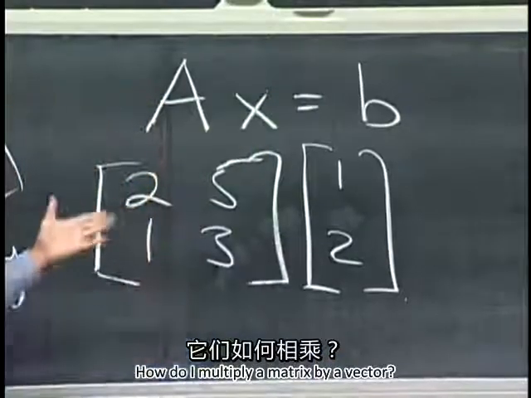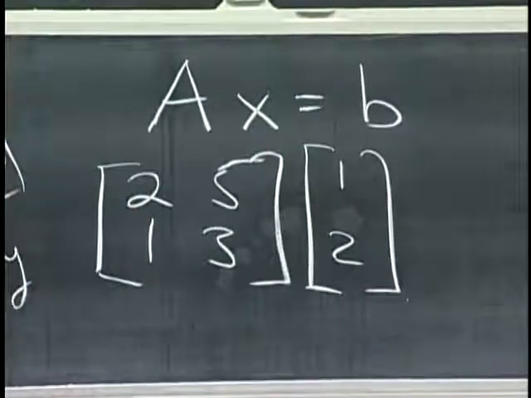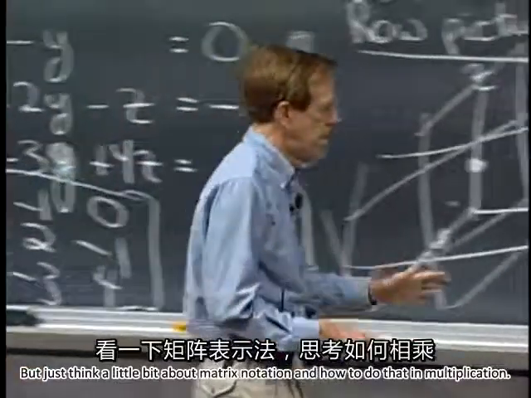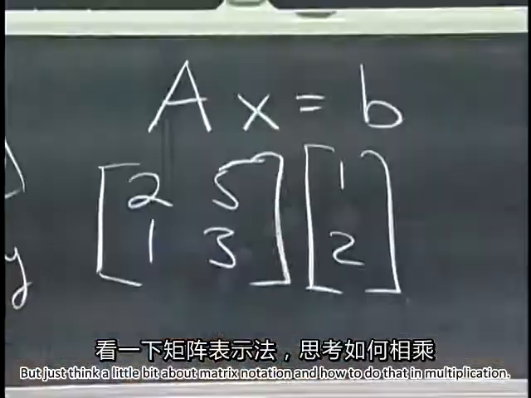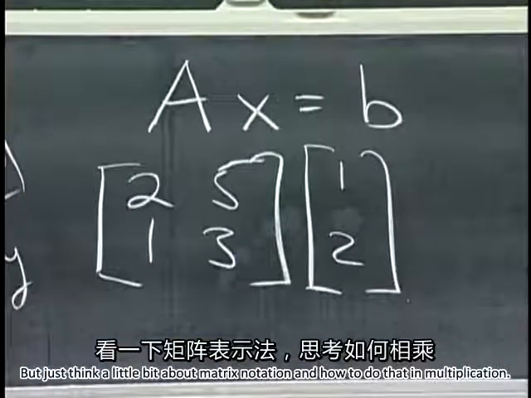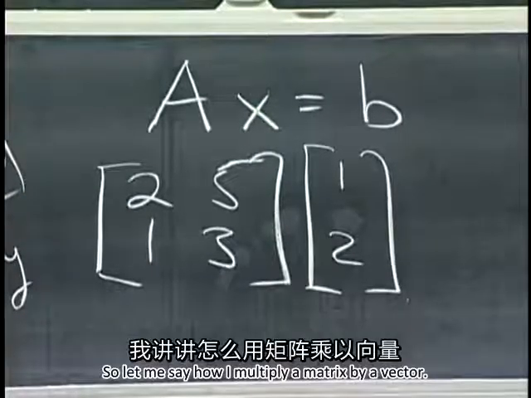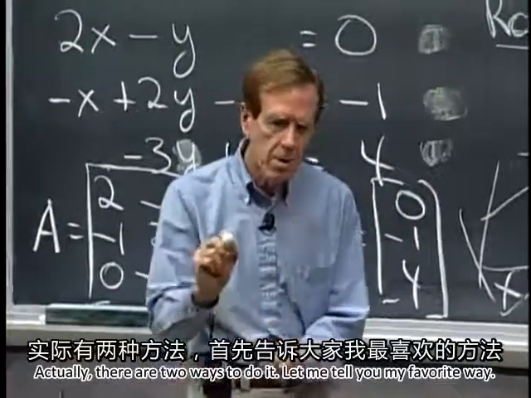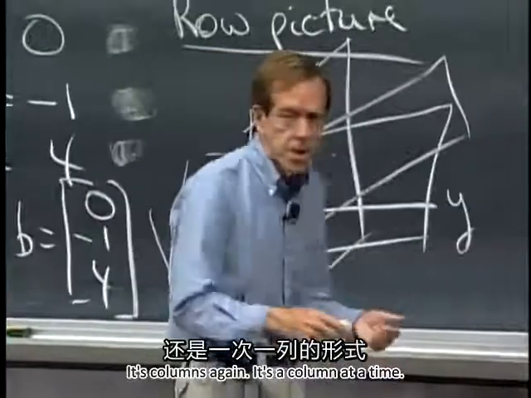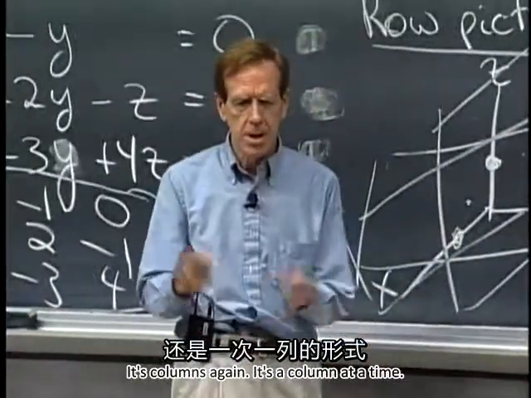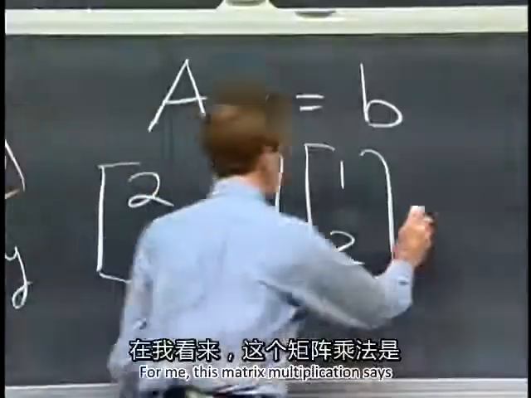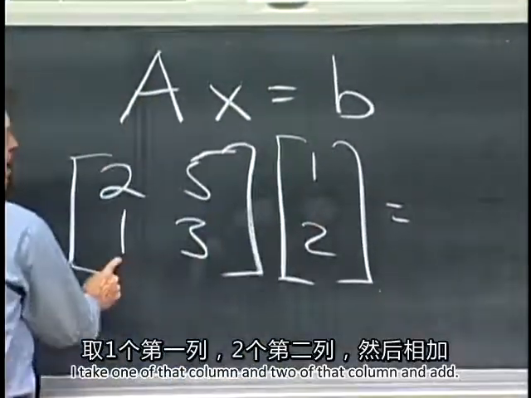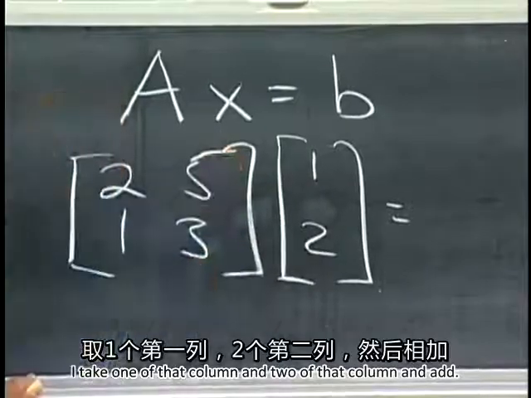How do I multiply a matrix by a vector? Just think a little bit about matrix notation and how to do that multiplication. Actually, there are 2 ways to do it. Let me tell you my favorite way. It's columns again. It's a column at a time. For me, this matrix multiplication says I take 1 of that column and 2 of that column and add.